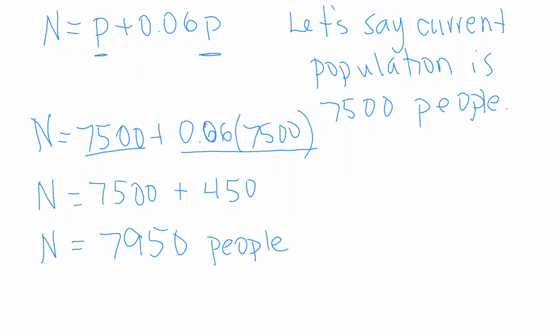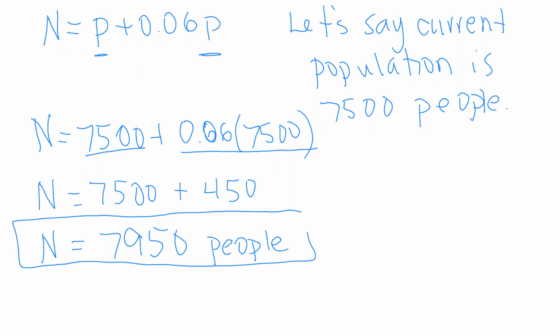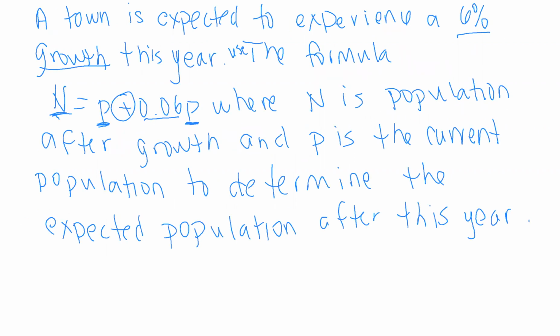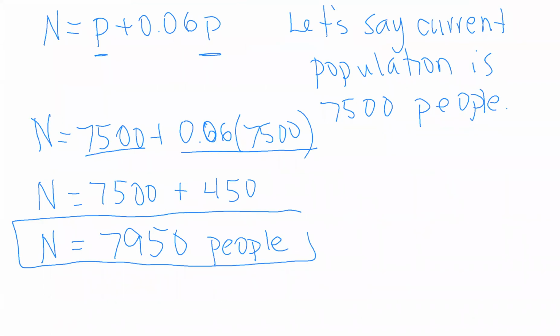So this is kind of on two screens. Let me go back a screen. We started out with a town is expected to experience a 6% growth this year. Use the formula N equals P plus 0.06P, where N is the population after growth and P is the current population, to determine the expected population after this year. And then I ran out of room. On the second screen, we have that formula again, so we don't forget.